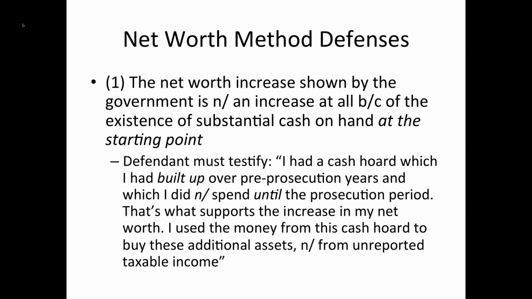And so, the argument goes, well, how was the defendant able to purchase this lavish luxury car? How was this defendant able to go on this cruise? How was this defendant able to go on this exotic vacation, when all of this well exceeded the amount of income that they earned from their job?